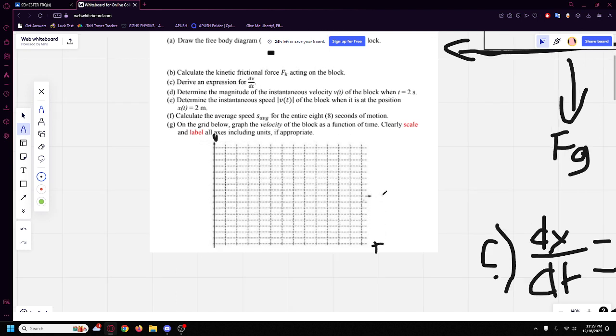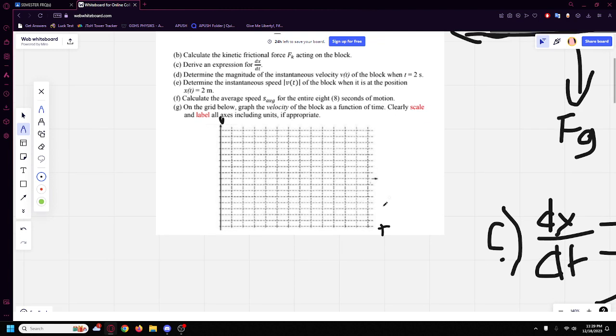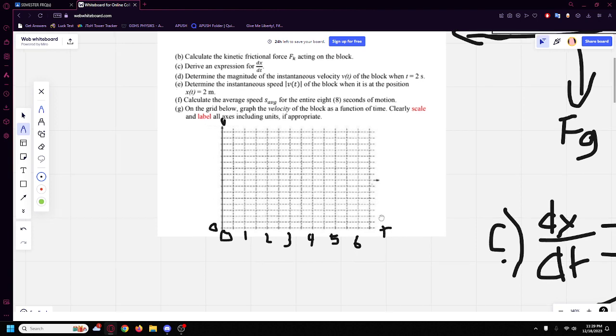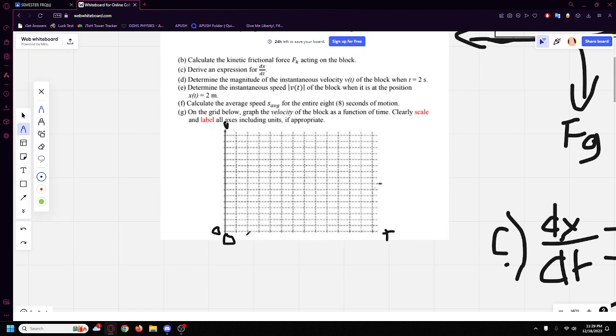To do this, you can graph 0, 0, and then 2, 4, 6, and this is 8.